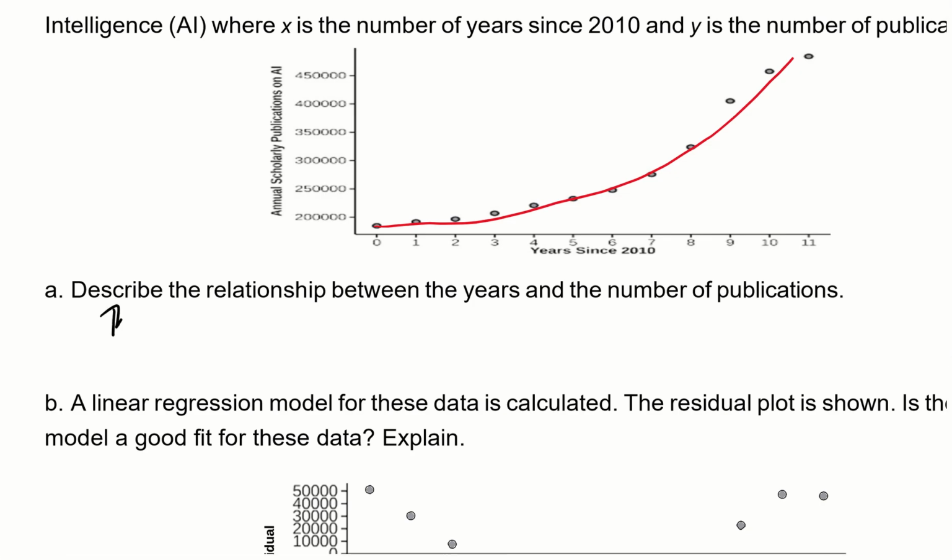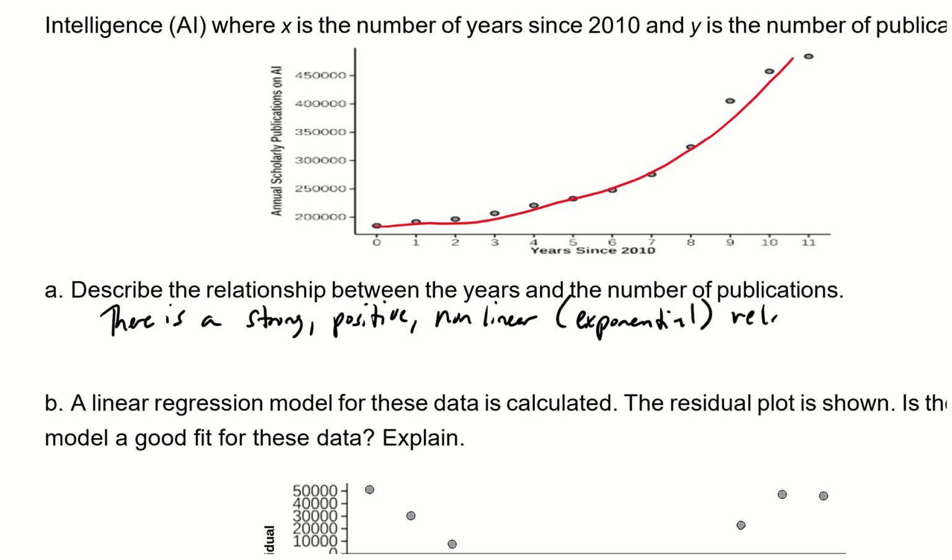So there is a strong positive non-linear, in fact, exponential relationship between years and the number of publications. So it does appear to be an exponential.